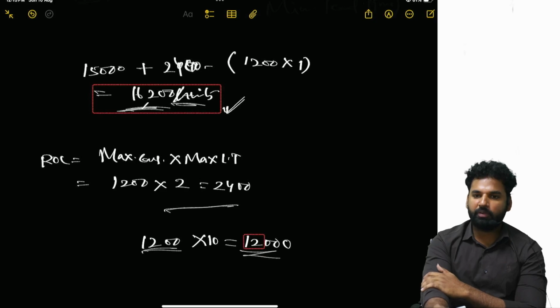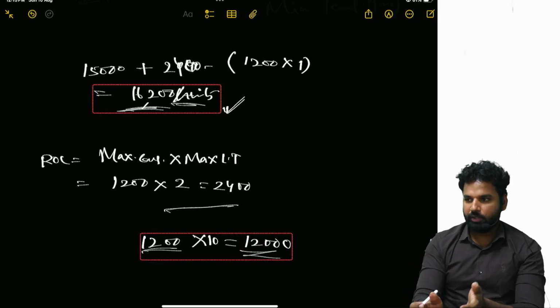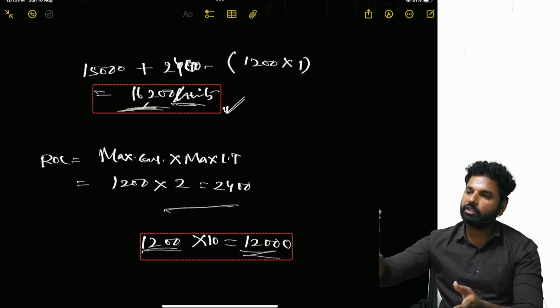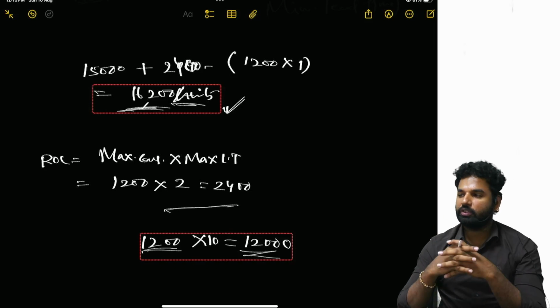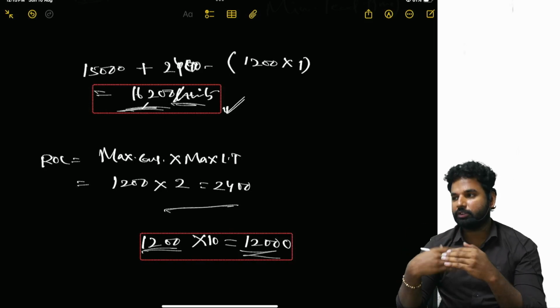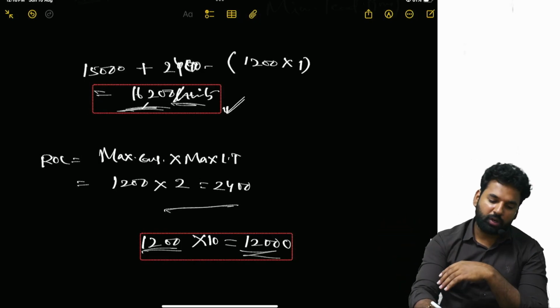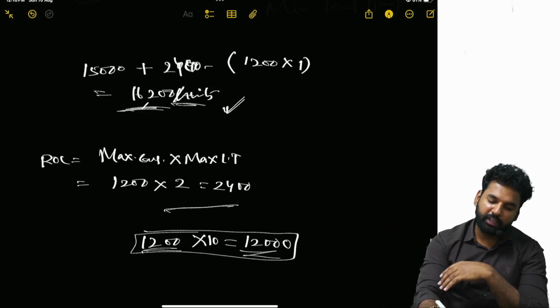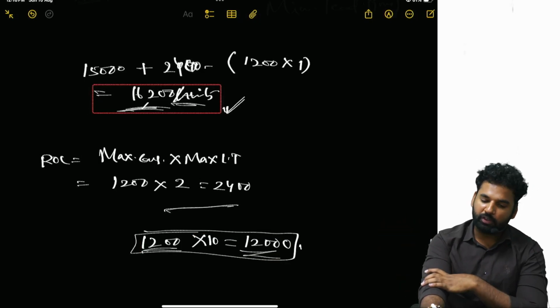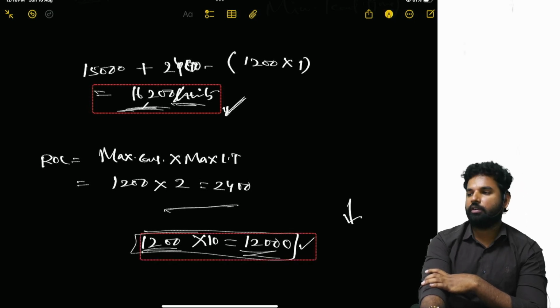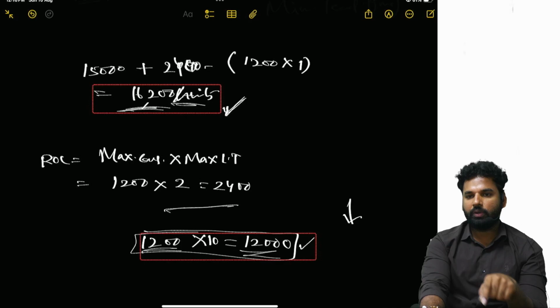If you keep 12,000 units in hand, then on the 10th day the last 1200 units will be used. So there will be no loss due to expiry. So obviously, what will be the maximum stock level then? 12,000 or 16,200, whichever is lower. Do you understand this point?